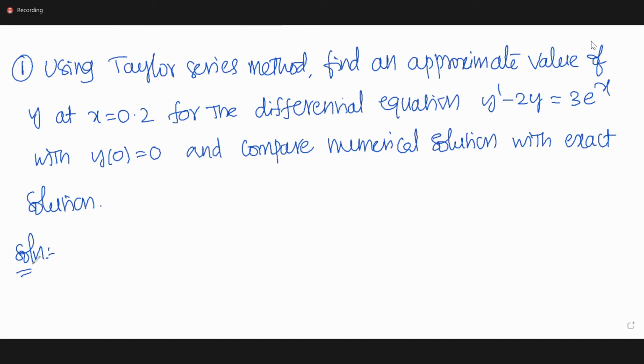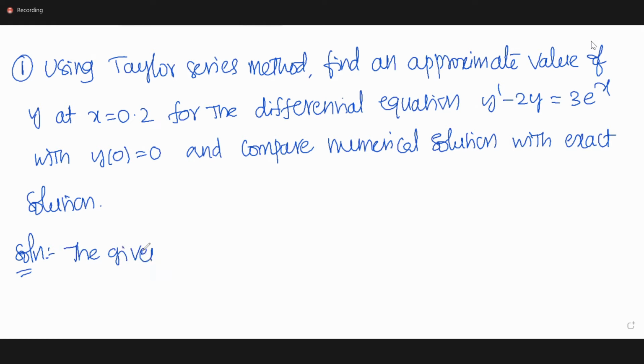General differential equation method means variable separable, homogeneous, non-homogeneous, linear, non-linear, ordinary differential equations. First, find numerical solutions using Taylor series method.